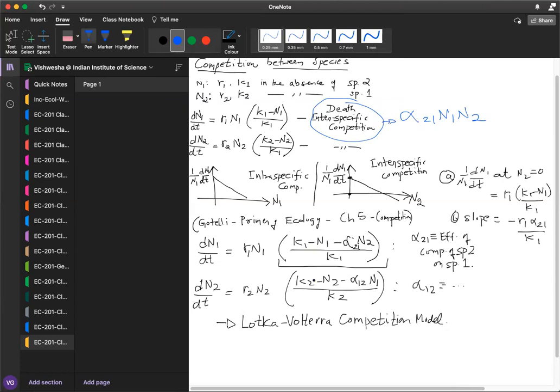I have just done it this way following Gotelli. It just makes some interpretations a bit easier. In some sense, here our alpha has some element of K in it, whereas this is completely exclusive. Those small differences do make a difference in our interpretation. Let's call it alpha prime to distinguish it from our alpha.